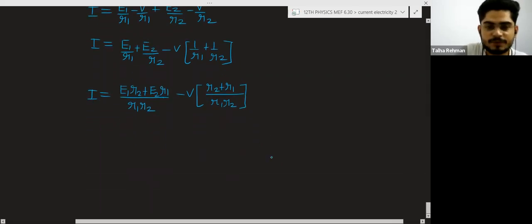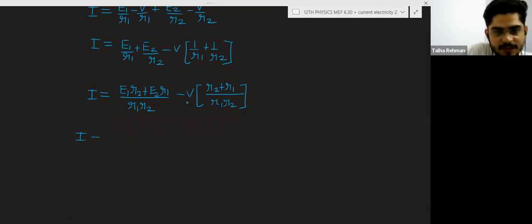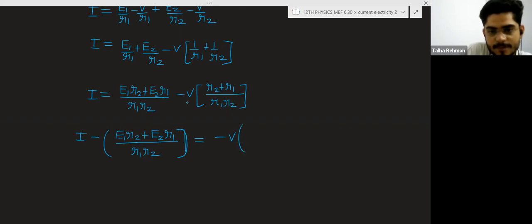Now from here we will find this V. So I can write I minus (E1 R2 plus E2 R1) divided by R1 into R2, and we have minus V times (R1 plus R2) divided by R1 R2.